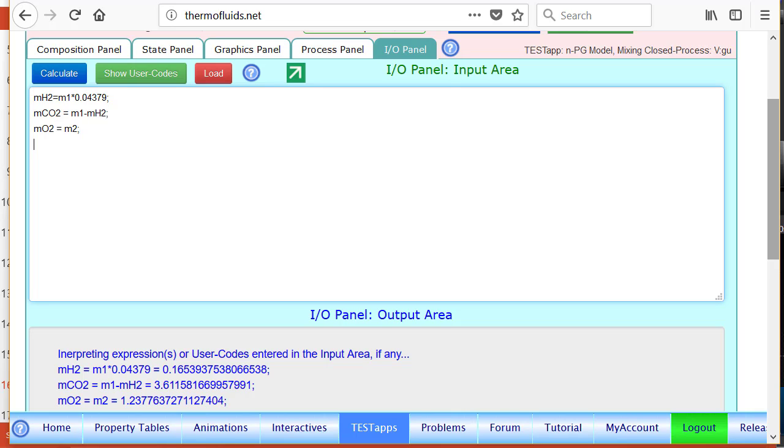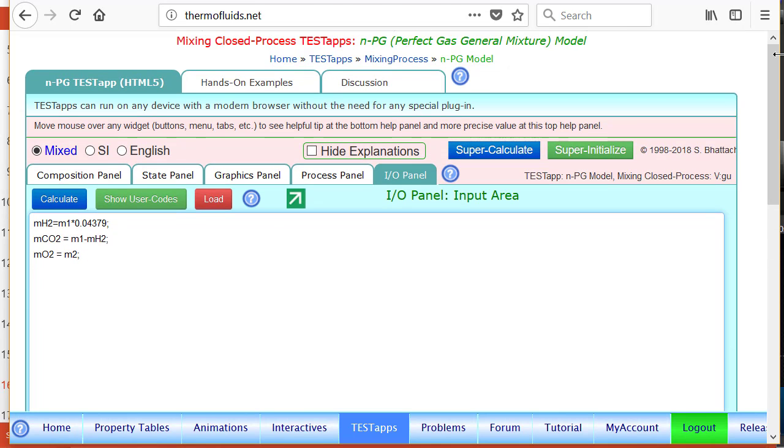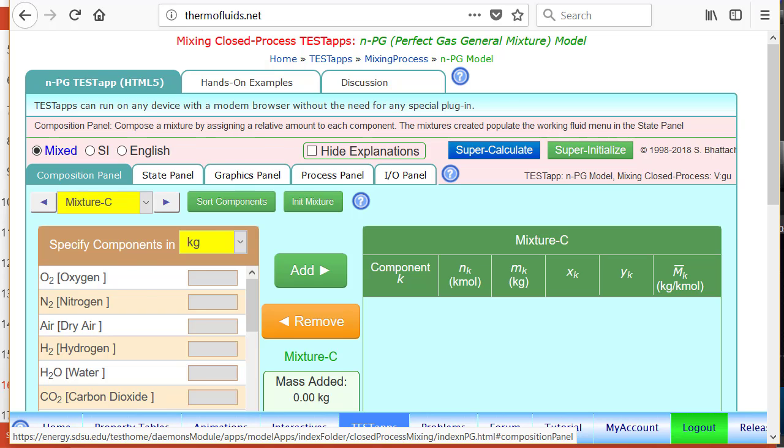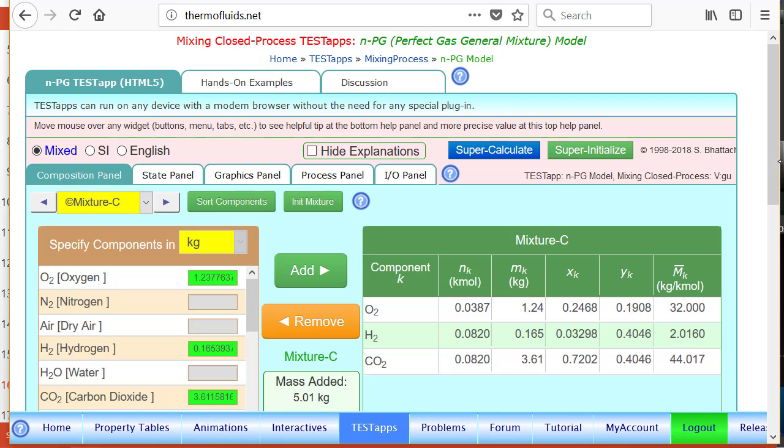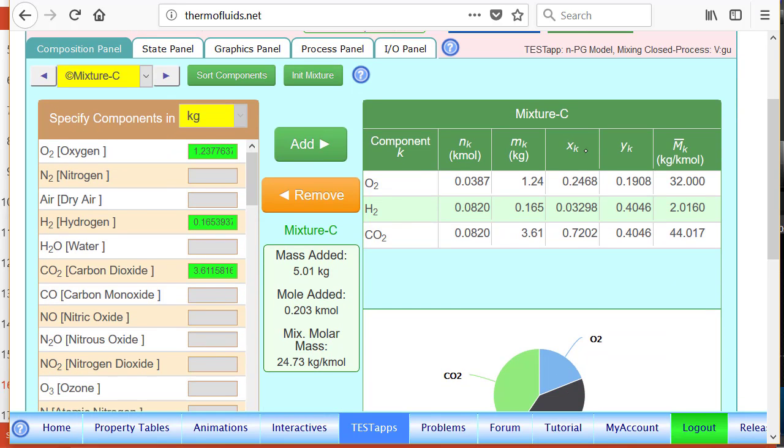Now that we have defined these variables, instead of entering equations here directly, we can just say mass of oxygen equals MO2, mass of hydrogen equals M hydrogen, and CO2 likewise. When we add them, the proportions are correct now, and we have composed mixture C here.